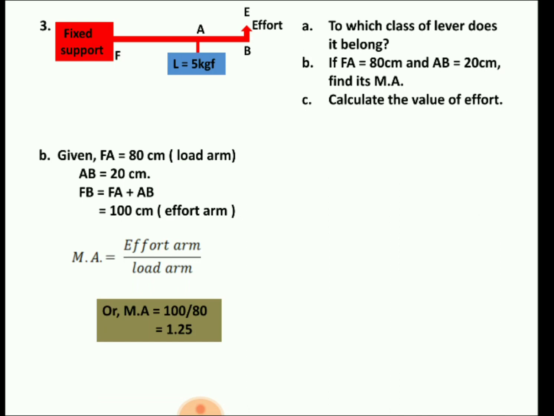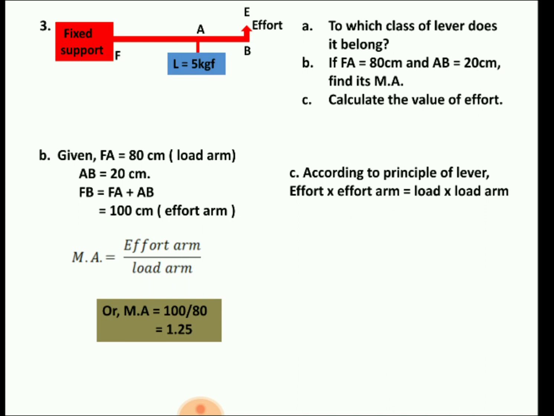Now for C, calculate the value of effort. This is the most common numerical where you have to find effort. Some load and all these things will be given, mechanical advantage will be given, you have to find effort. For this, simply use the principle of lever.